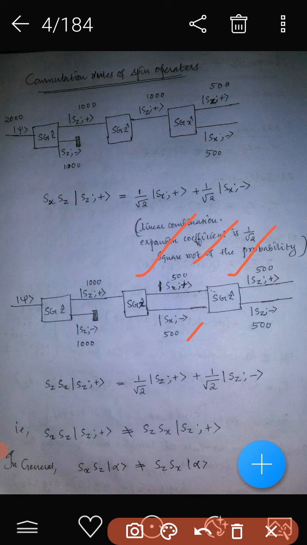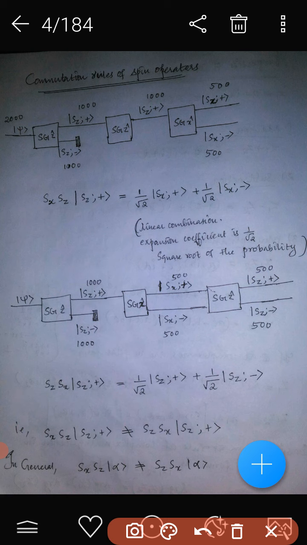Again we are measuring the z component of the spin, then we'll get Sz plus and Sz minus, because the total particle number here is 500 plus 500, which is 1000, and we made an SGZ measurement, that is the Z component of the spin, and we'll get the Sz plus state and the Sz minus state.